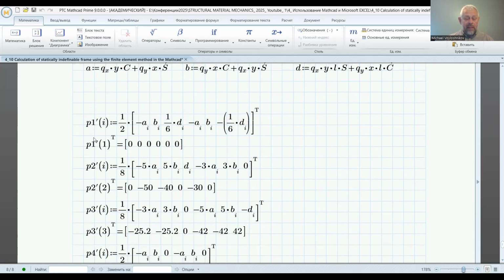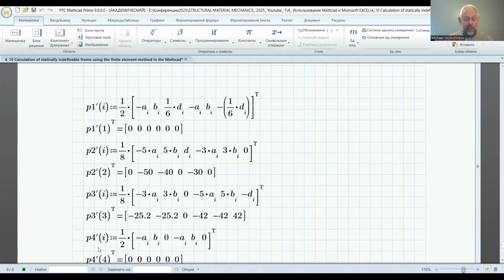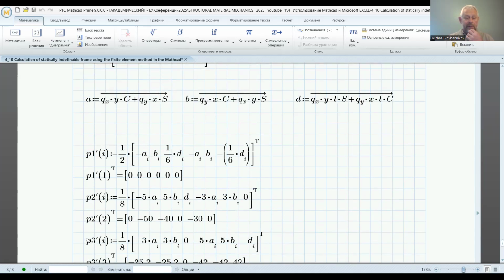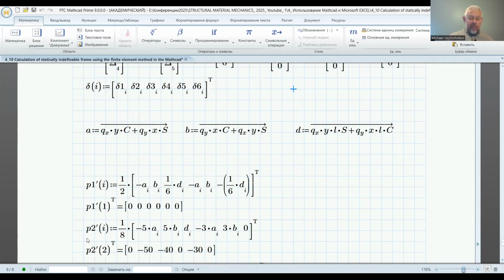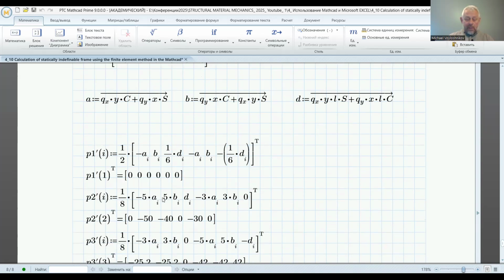I will repeat again that we have four types of embedding of the rod finite element, but the formulas are a little bit complex, so we can allocate the common parts of the formulas of the end reactions, for the vectors of end reactions 1, 2, 3, 4, 5, 6.